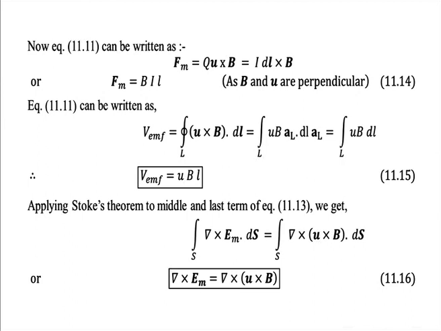Equation 11.13 can be written as V EMF is equal to line integral of u B dl, or V EMF is equal to u B l. If we apply Stokes' theorem to the middle and last term of equation 11.13 and simplify, we get the expression curl of Em is equal to curl of u cross B.